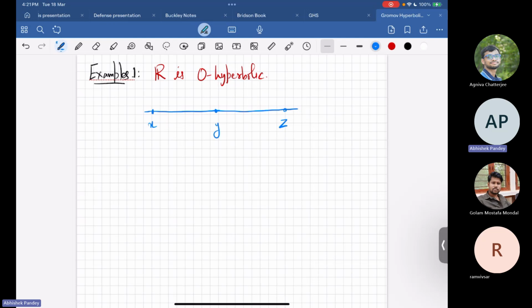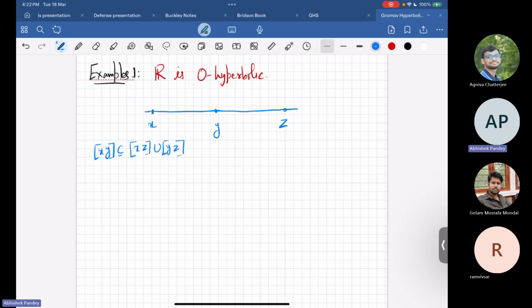So basically, what we see is that any one of the 3 sides is a subset of the union of the other 2 sides. It means that xy is a subset of xz union yz.